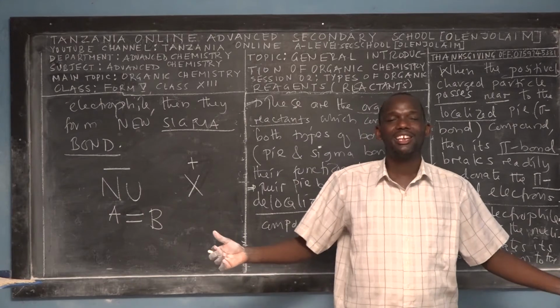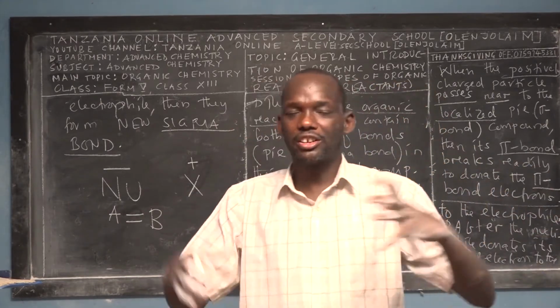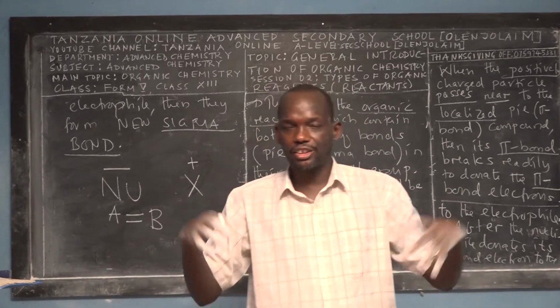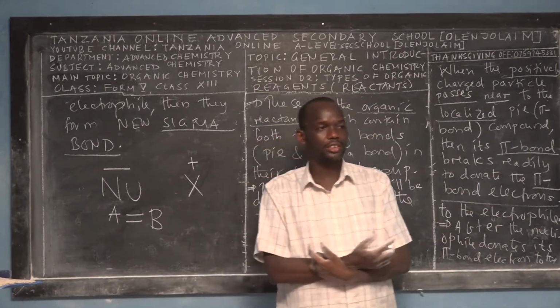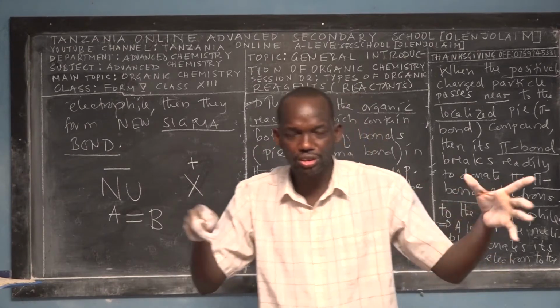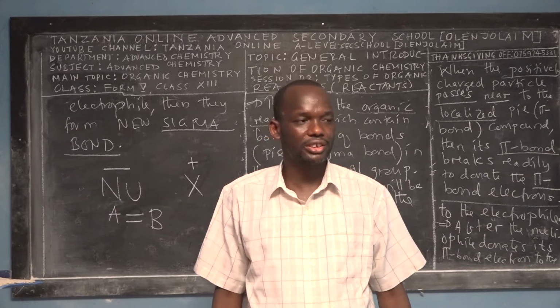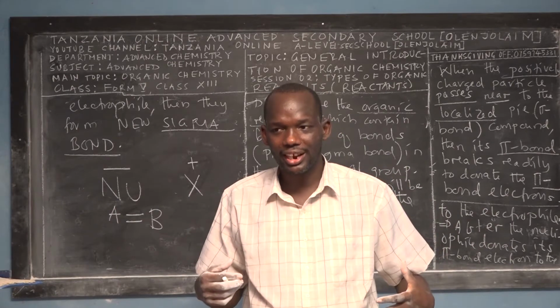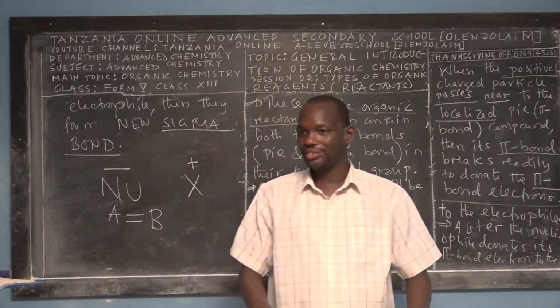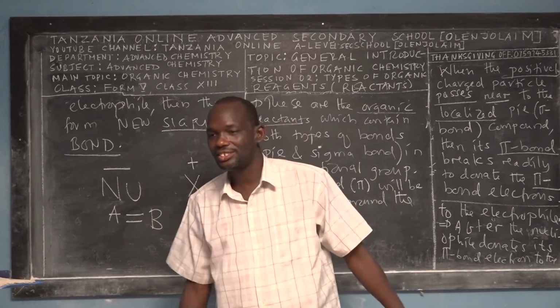So sigma bond, we call it the fundamental covalent bond in organic chemistry, or in covalent compounds, right? In case you have a single bond between two elements, that is a sigma bond in covalent compounds. In case you have a double bond, it means one is a sigma bond and one is what?